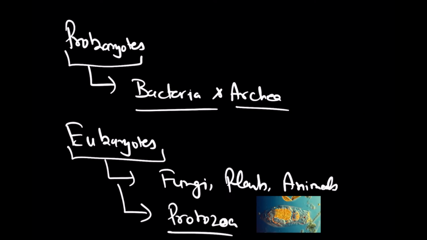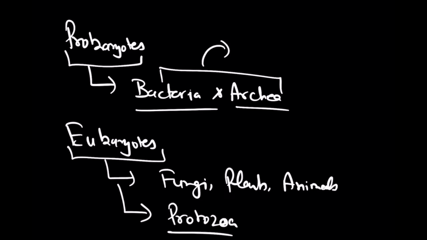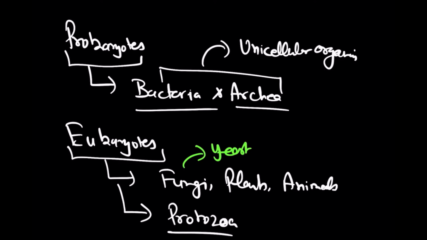Now try to see here, bacteria and archaea are unicellular organisms. And if you see fungi, plants, animals, protozoa, in case of fungi, yeast is unicellular. Protozoa are unicellular.